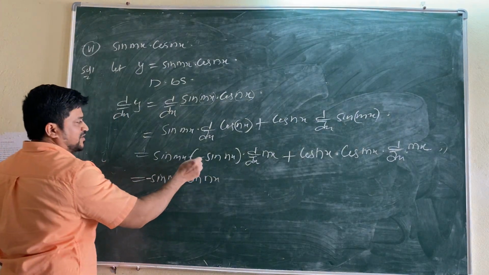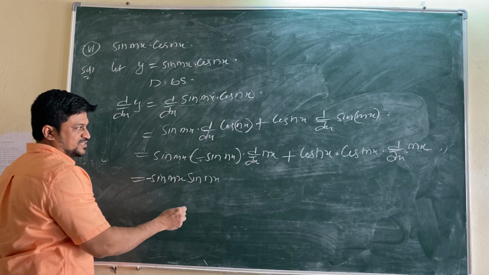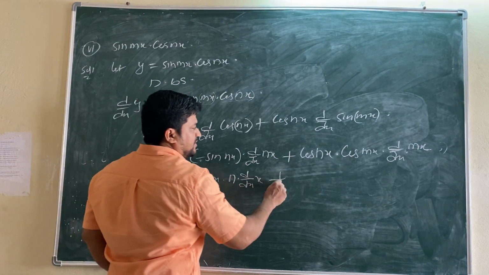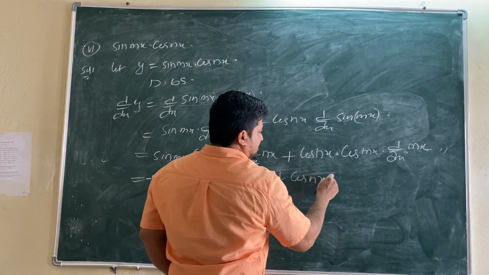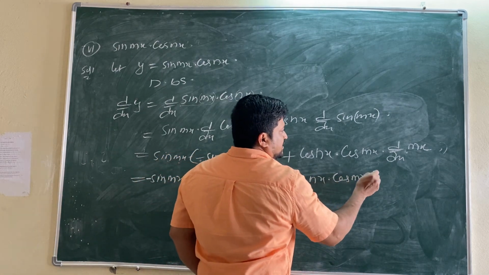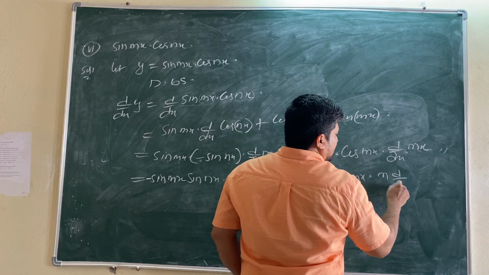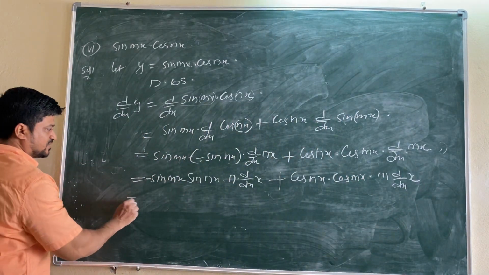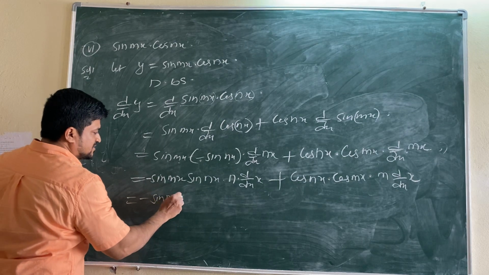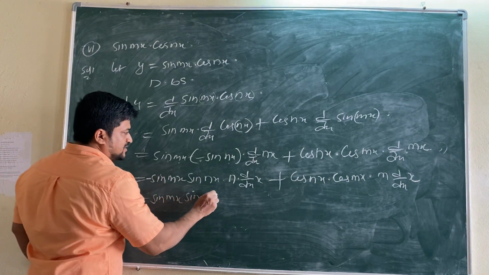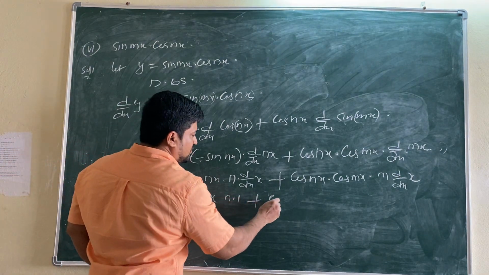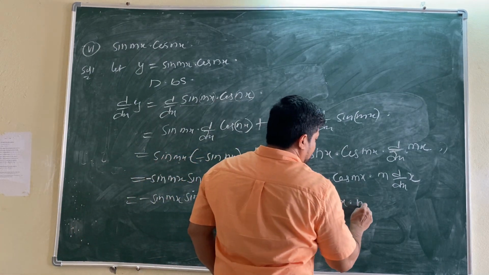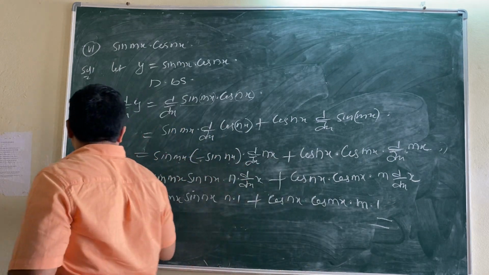Don't write sin square because the angles are different, so as it is. n outside, d by dx of x, plus cos nx into cos mx into m outside, d by dx of x, because a multiple is there now, the multiple is taken out. Minus sin mx n into 1 cos nx cos mx m into 1. This is y dash.